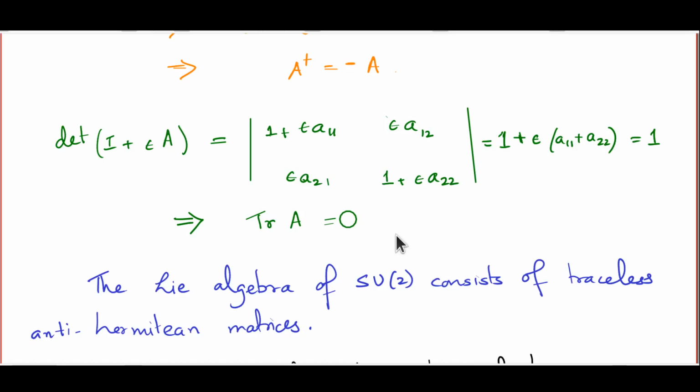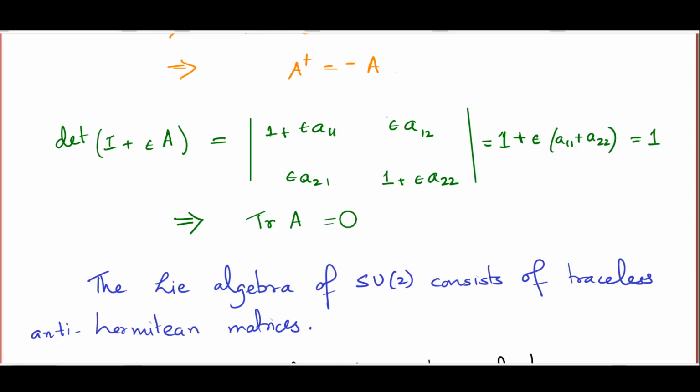The off-diagonal element here, of course, contributes to order epsilon squared, and even the product of the two diagonal elements has a quadratic piece which we are ignoring for the time being, and the result is simply 1 plus epsilon times (a11 plus a22). And if this is to be equal to 1, that immediately tells me that a11 plus a22, which is the sum of the two diagonal elements and is the trace of A, must be 0. So the Lie algebra of SU2 consists of traceless anti-Hermitian matrices.